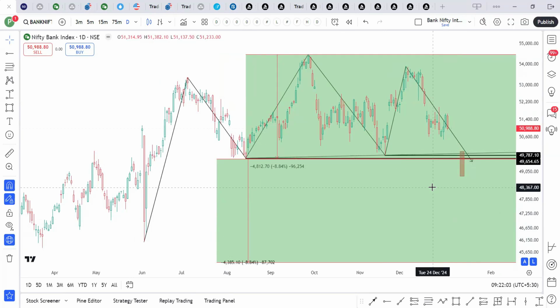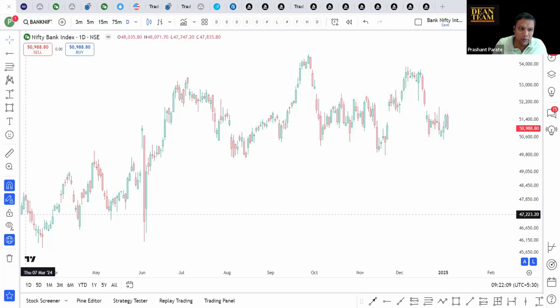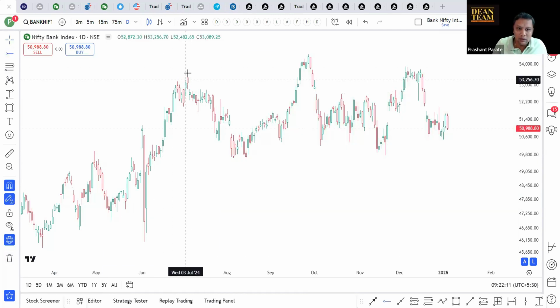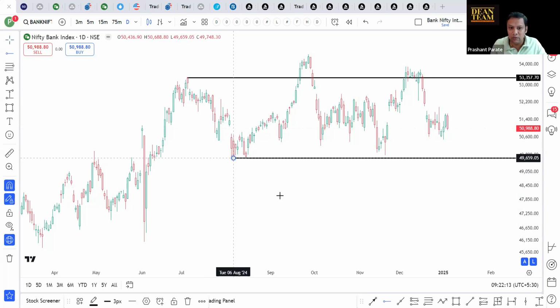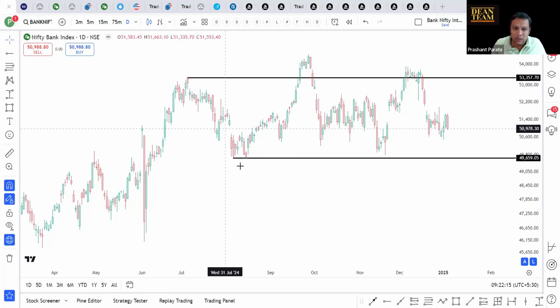Sir, no Wyckoff schematic is forming in this much consolidation. Right now, for a Wyckoff schematic to form, this is a buying climax kind of thing. BC, AR, ST, then this is the trading range, this is a major or minor sign of strength, and we don't have a spring till now.